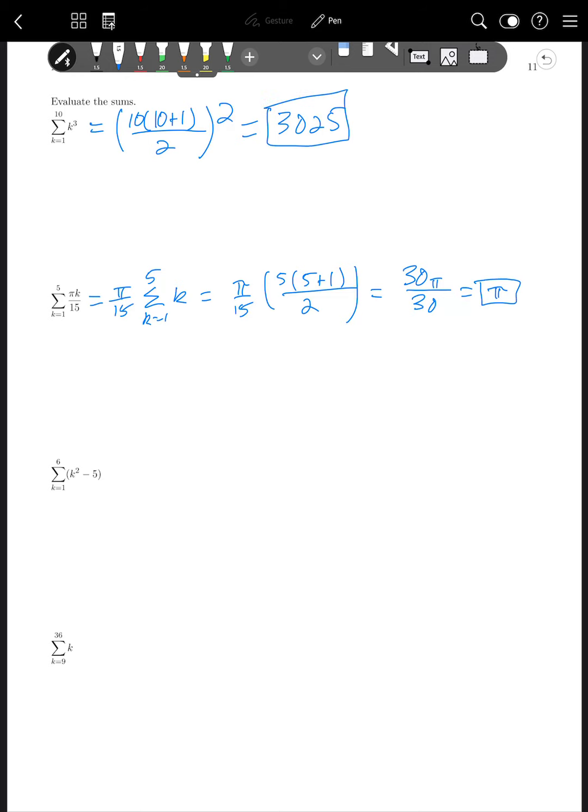The next one, start by using the difference rule. So this is the sum from k equals 1 to 6 of k squared minus the sum from k equals 1 to 6 of 5. So that would be the square rule, which is 6 times 6 plus 1 times 2 times 6 plus 1 over 6 minus 6 times 5.